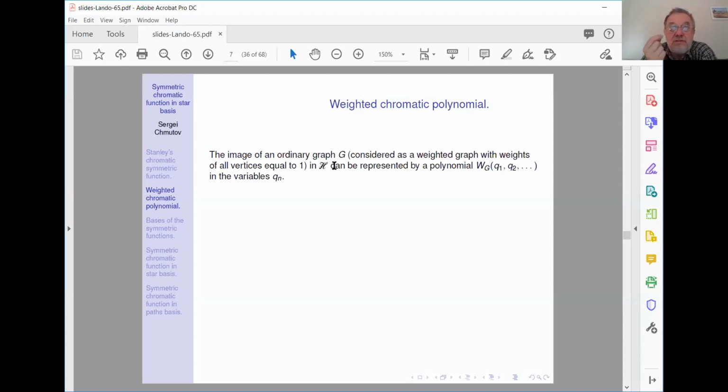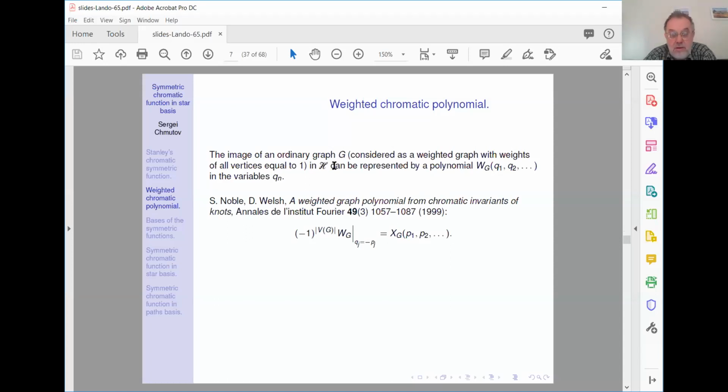But for the basis in the primitive space, I need just one element at each degree, so it will be a polynomial there. And if I take the basis in the primitive space consisting of a single vertex of weight n, then the variables are going to be Q.